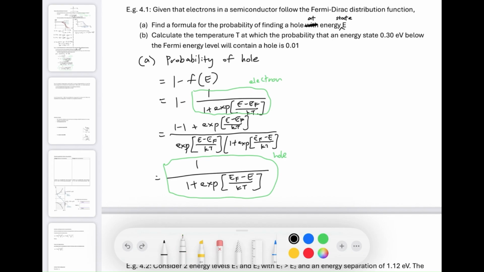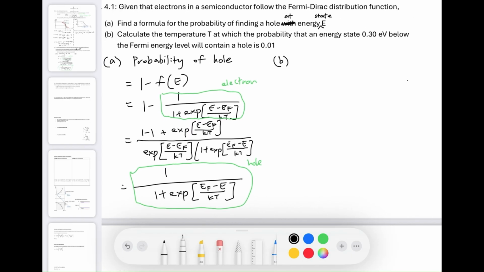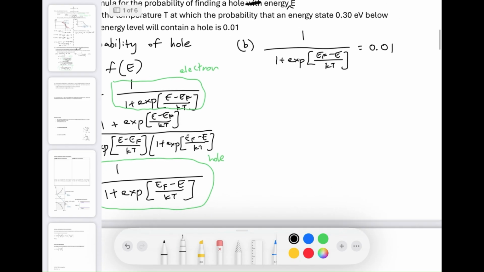So let's do part B now. Calculate the temperature T at which the probability of the energy state 0.3 eV below the Fermi energy is 0.01. So we can just use the result from the previous part. And then we know that the exponential is this.